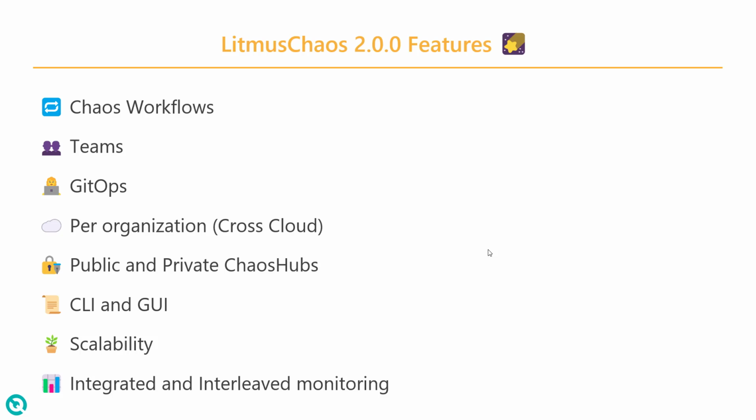So, LitmusChaos 2.0 features. These are the core features of LitmusChaos. The main feature here is the LitmusChaos workflows. This feature is one of the core implementations in 2.0.